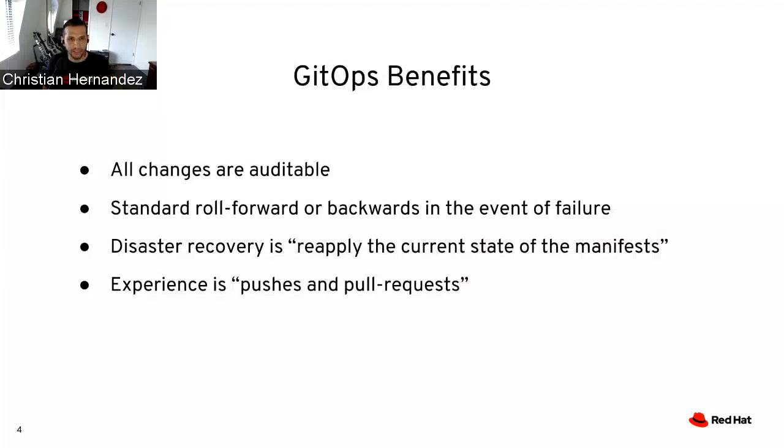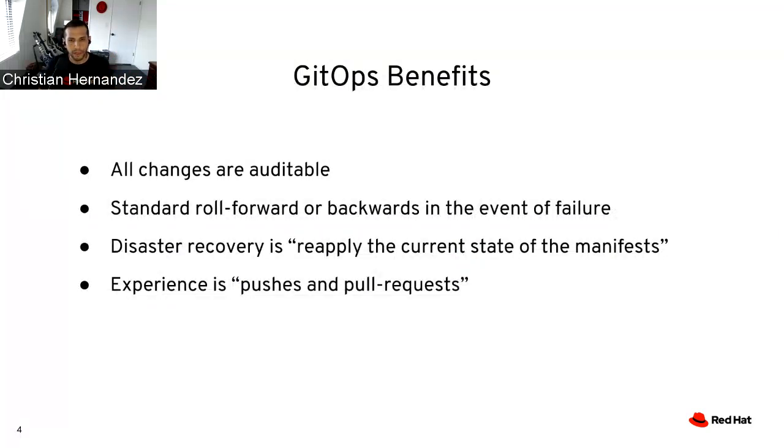And then you have the standardization of how to roll forward and roll backwards in the event of failures. Disaster recovery becomes a lot simpler. Disaster recovery is essentially, let's spin up another cluster and reapply all the manifests. We have a known state already in Git, so let's just reapply that.